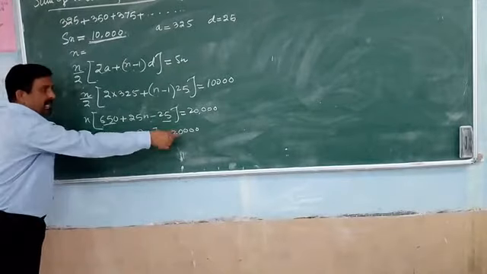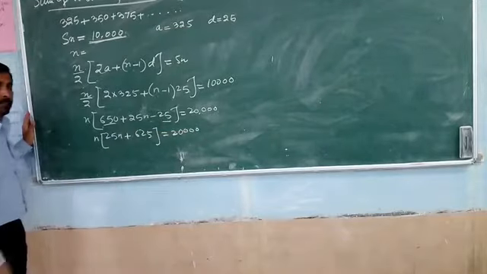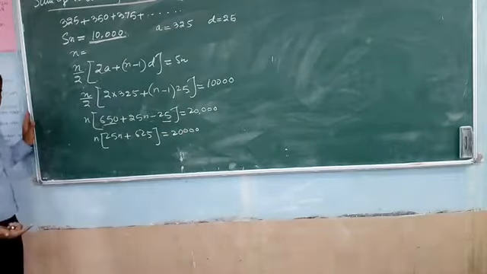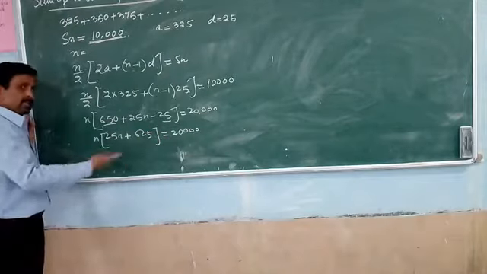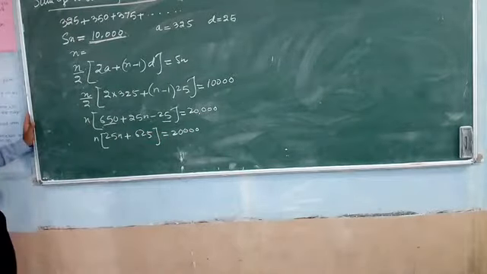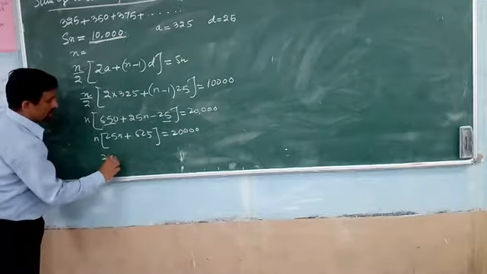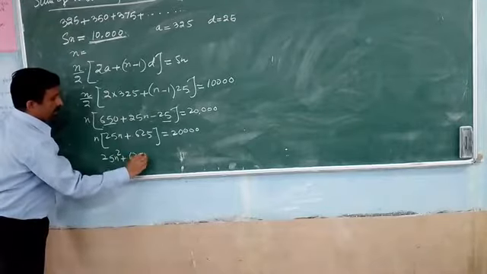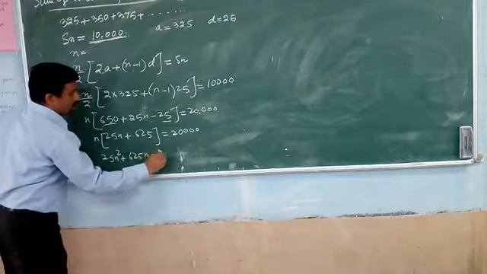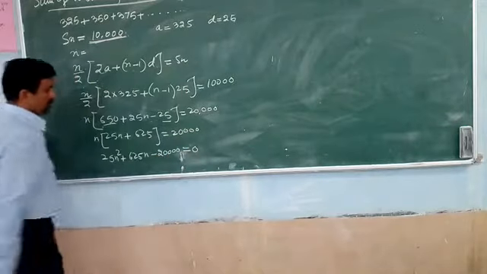If this side it was 0, then there was no need of multiplying, because then it is already in the factor form. But because we have something on the right hand side, so we need to pull it and then simplify and then see the nature of the equation. So this is 25 n square plus 625 n minus 20,000 is equal to 0.